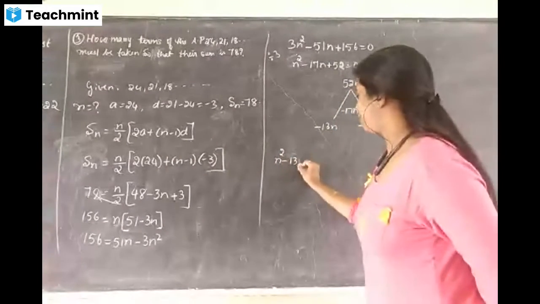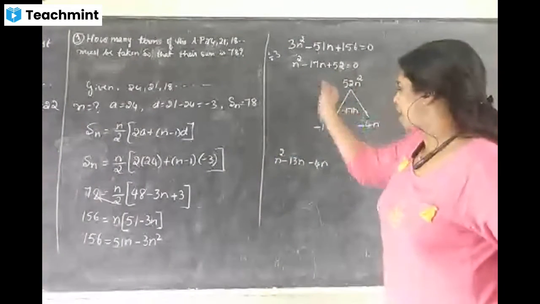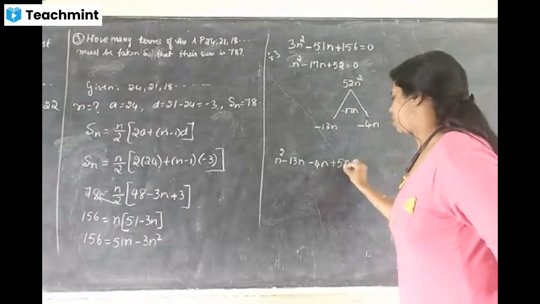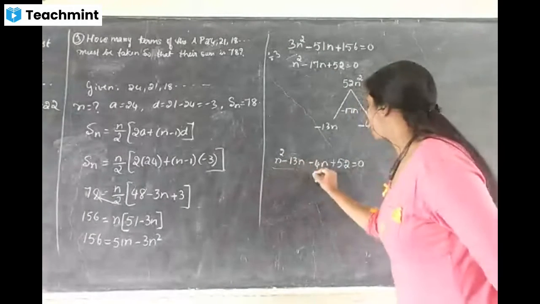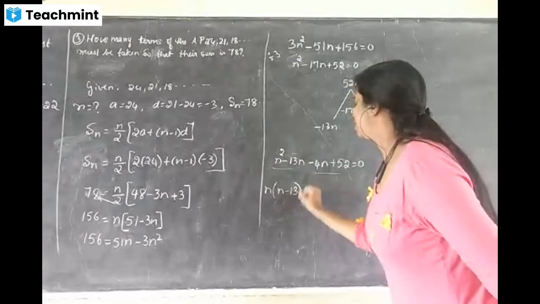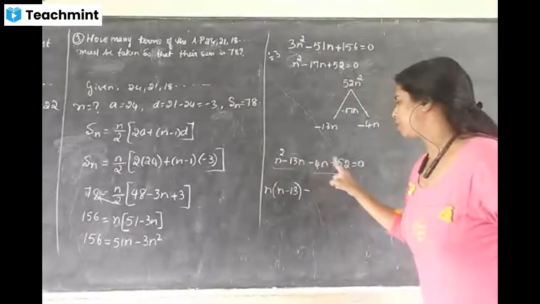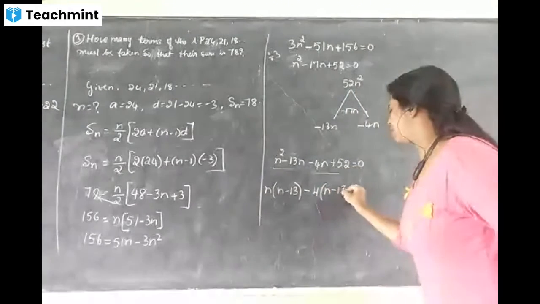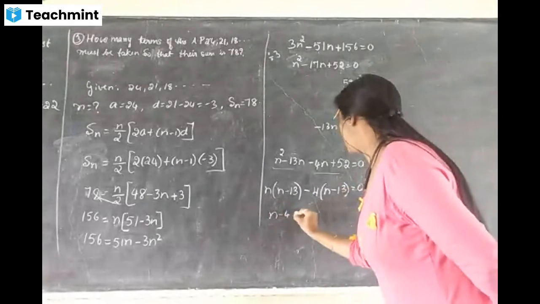minus 13n minus 4n. In this place I have written this one, and the last term 52. Factorization is over. Now take the common out. n minus 13. Now here minus is there. Careful, when here comes minus, the inner sign will get changed. n minus 13 is equal to 0, n minus 4 is equal to 0.